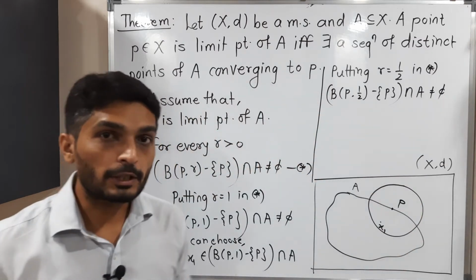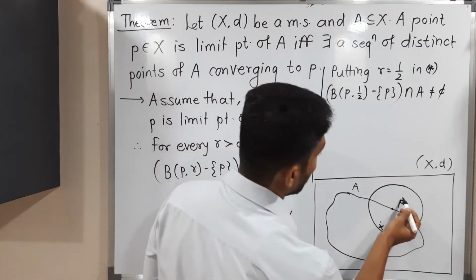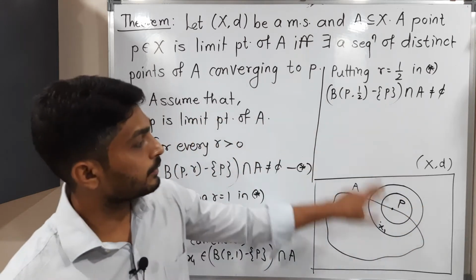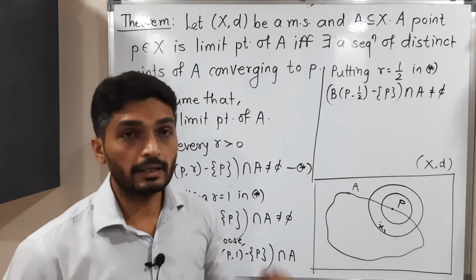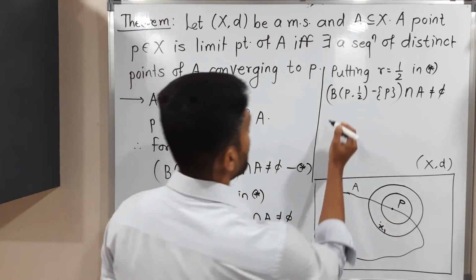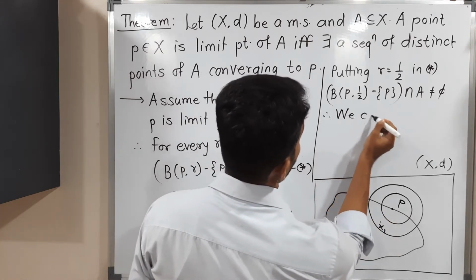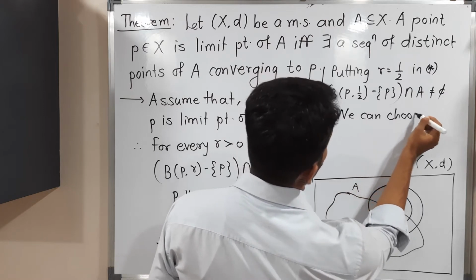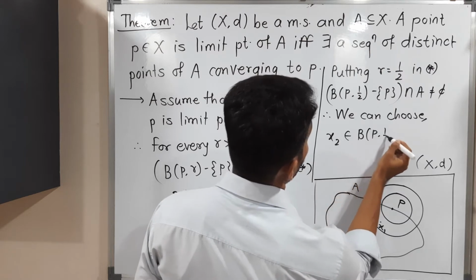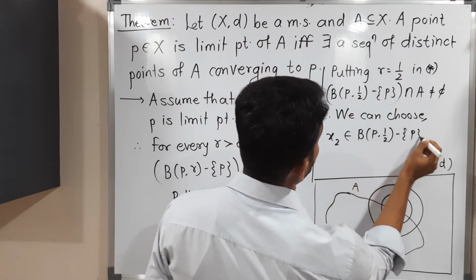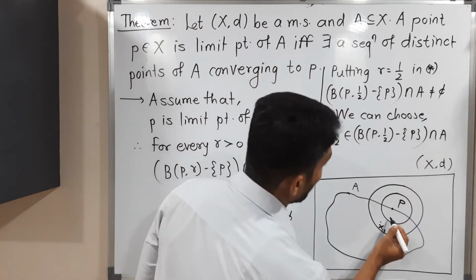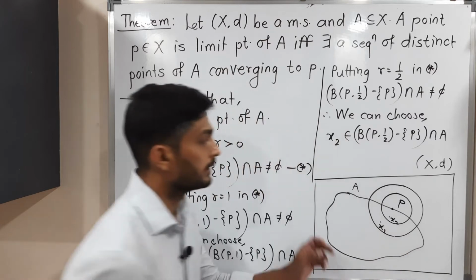That means this time I am reducing the radius, taking half the radius, so we will have a circle like this. Again this ball intersects set A, so again we can find some point from the intersection. Therefore we can choose x2 belonging to B(P, 1/2) minus {P} intersection A. So we have taken one point x2 from the intersection again.